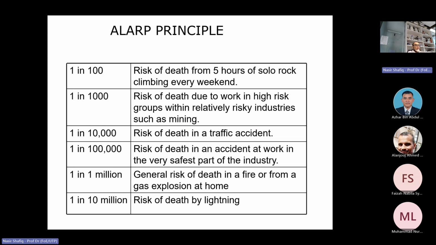That is the risk when someone frequently goes rock climbing, 5 hours of solo rock climbing every weekend, going alone without any assistance or company, and doing it continuously for 5 hours.